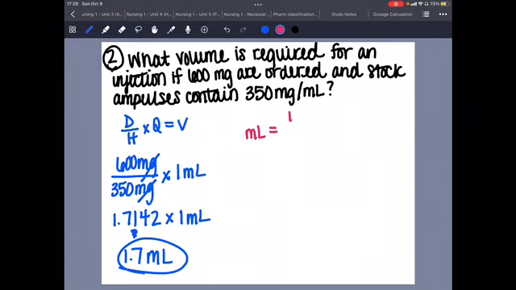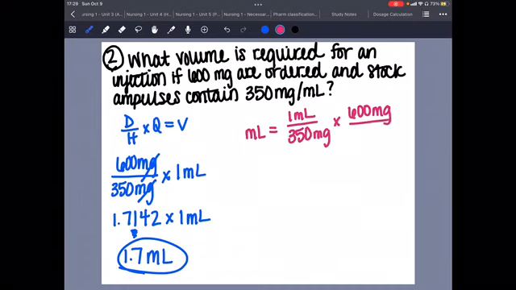Now we're going to go to dimensional analysis. So looking for mLs. So we have 1 ml over 350 milligrams times 600 milligrams over 1. Cross those out.